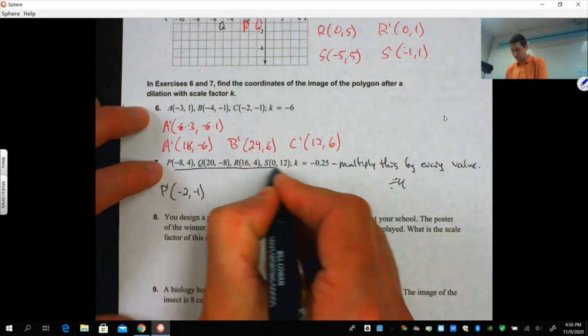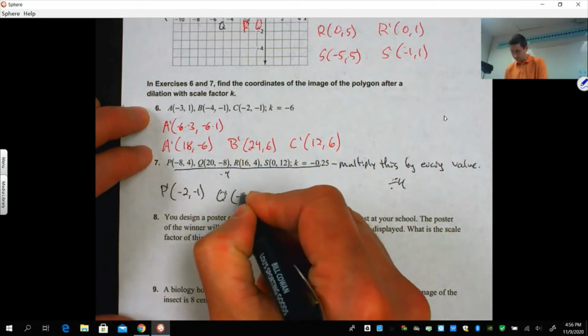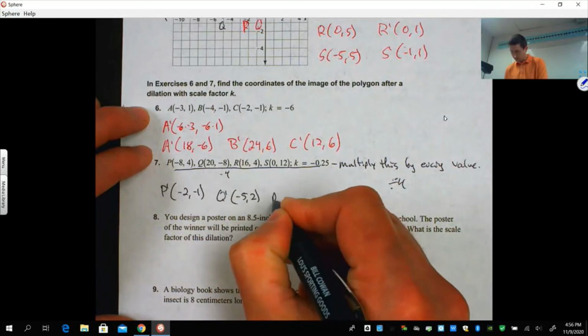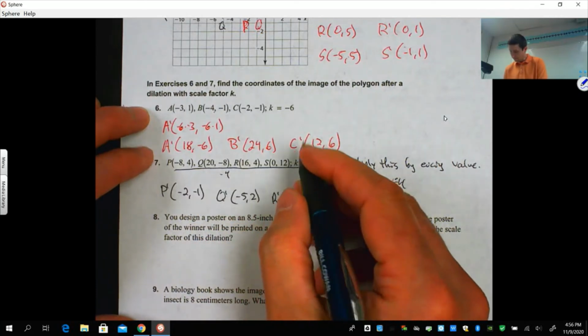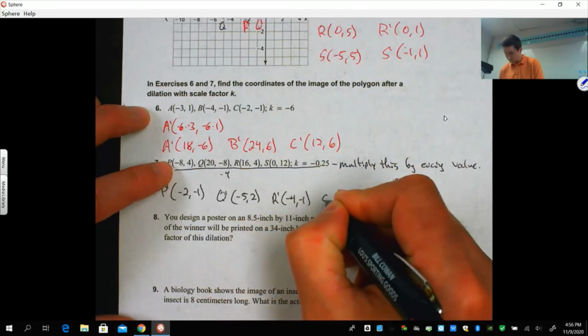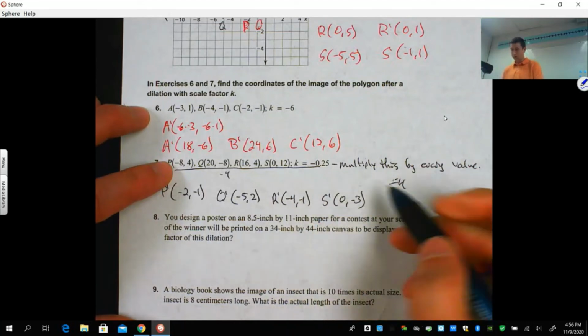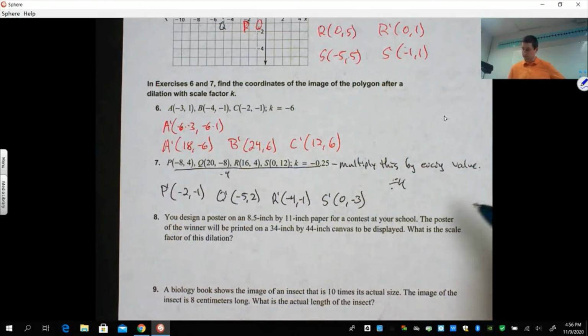So we're dividing everything here by negative 4. Q prime would be negative 5, 2. R prime, go ahead and finish this up. So R prime is negative 4, negative 1. S prime would be 0, negative 3.